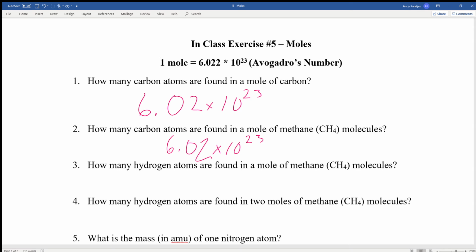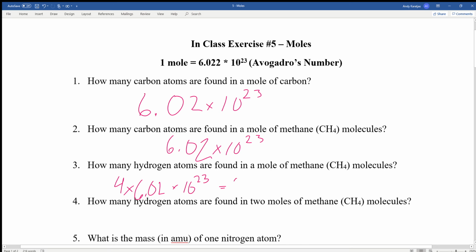On the other hand, the number of hydrogen atoms would be larger. The reason for that is because each molecule of methane has 4 hydrogen atoms. So there's 6.02 times 10 to the 23rd molecules of methane. To get the number of hydrogen atoms, we need to multiply that by 4.